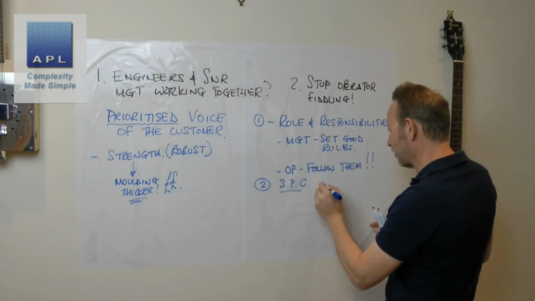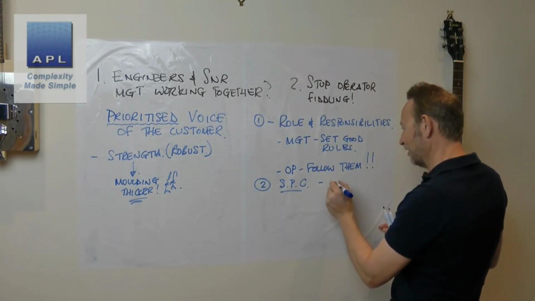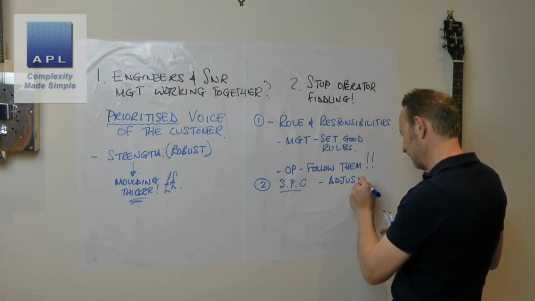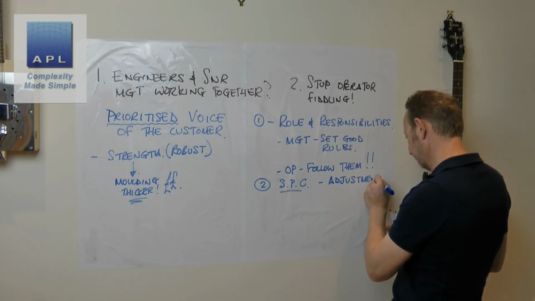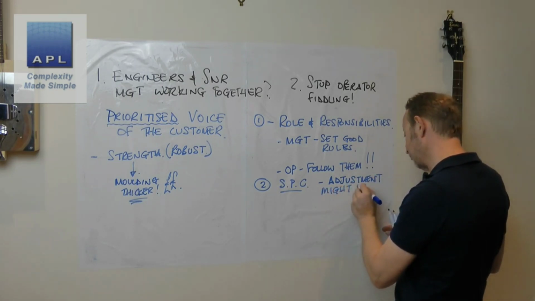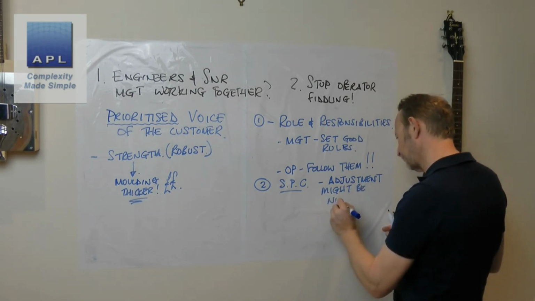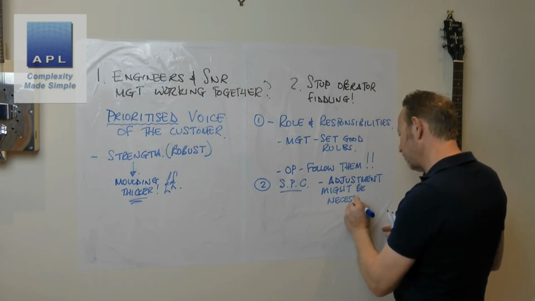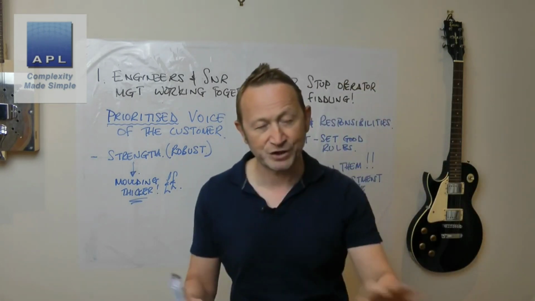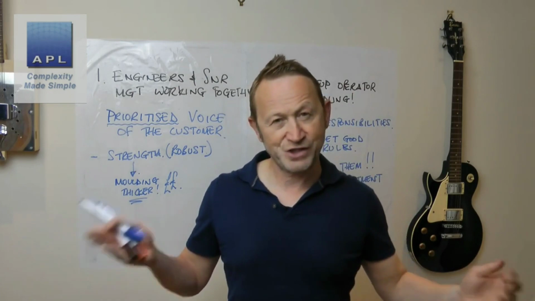Because what statistical process control does, of course, is tell them when adjustment might be necessary. Because sometimes it is. But without SPC, without understanding the difference between signal and noise in a process, an operator's toast at this point.